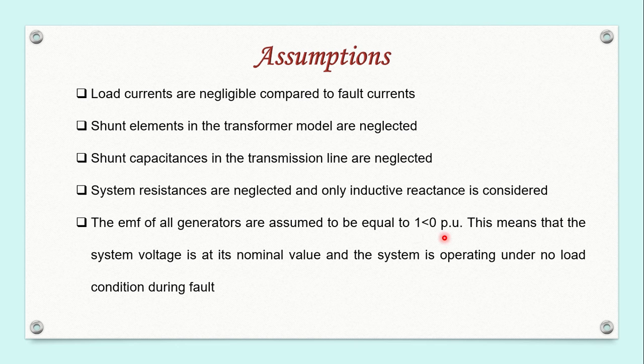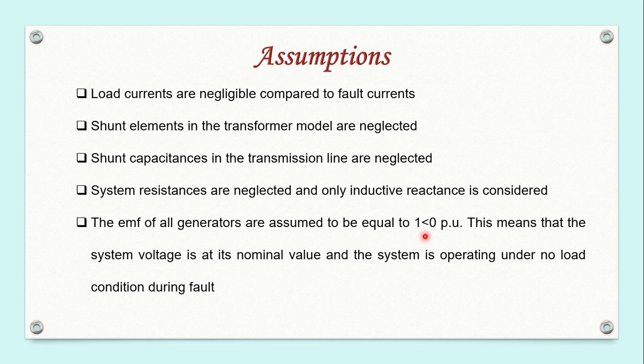So we know in a reactance diagram, we represent the generator as a voltage source in series with a reactance. That voltage source is given a value 1 angle 0. So the EMF of the generators is always assumed to be equal to 1 angle 0 per unit. This means that the system voltage is at its nominal value and the system is operating under no load condition during fault. A generator having a voltage of 1 angle 0 means the system is at its nominal value.